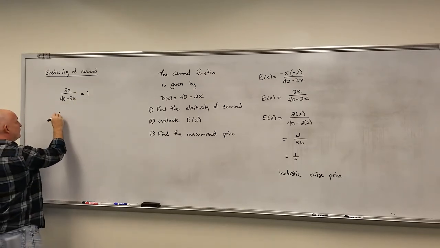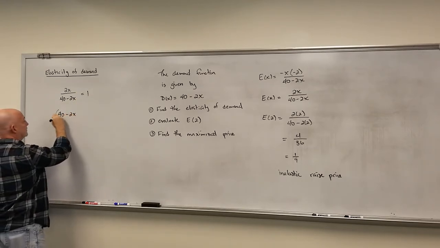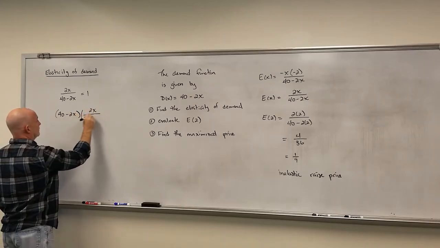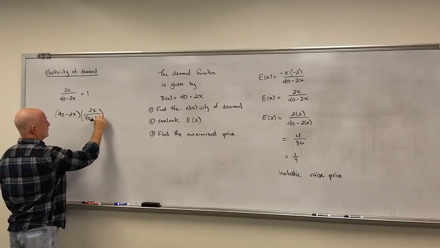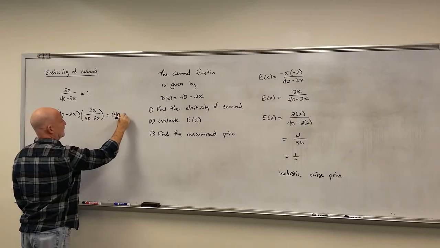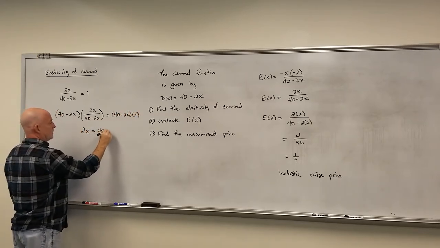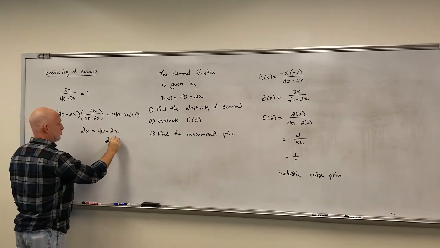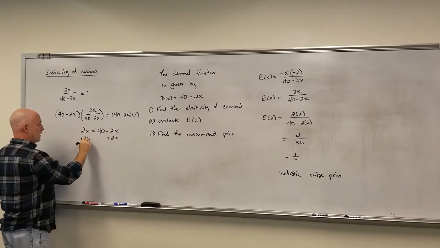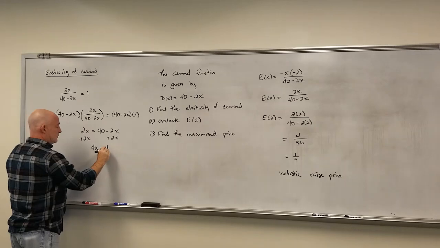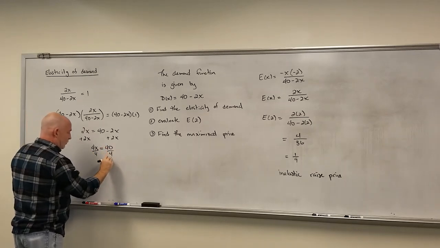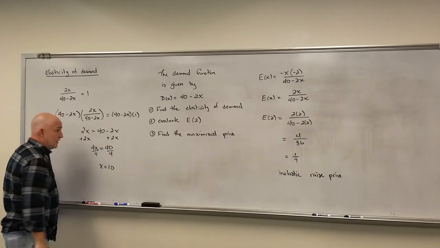Well, that's easy enough to solve. Clear your fractions: 2x equals 40 minus 2x times 1. So when 2x is equal to 40 minus 2x, let's get our 2x's to one side. 4x is equal to 40, dividing by 4, we get x is equal to 10.